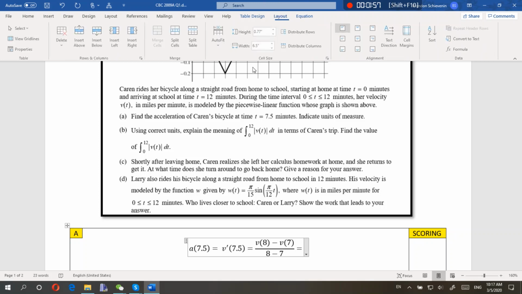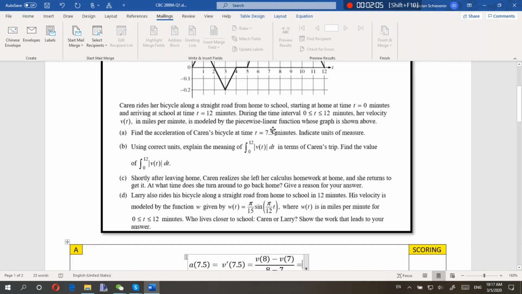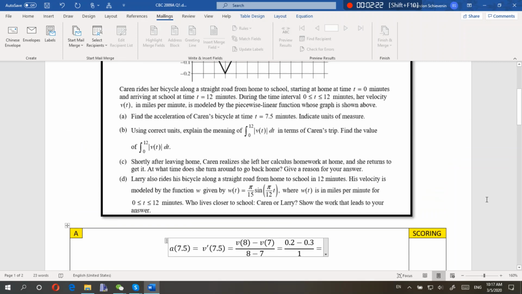So the bottom part is 1, and 0.2 minus 0.3. Okay. So that's 0.2 minus 0.3 over 1. So what's our answer? Minus 0.1.